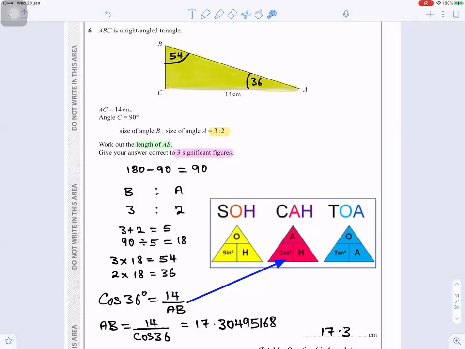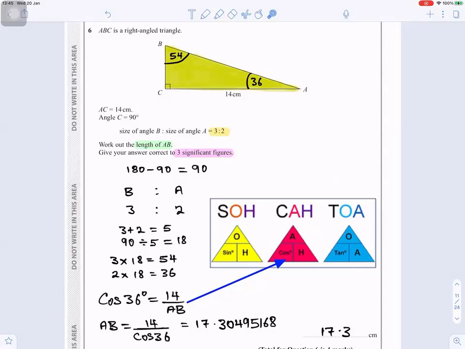So now, for a triangle, the 3 angles add up to 180 degrees. So 180 degrees minus 90 gives you 90 degrees. So that means angle A plus angle B is equal to 90 degrees.